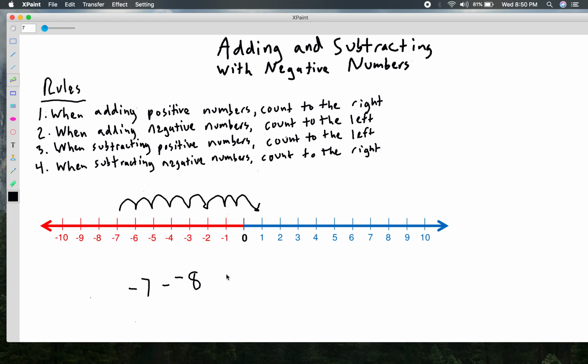It gets us to 1. Why? Because negative 7 minus negative 8 is the same as negative 7 plus 8. And when adding positive numbers, count to the right. We transformed a subtracting negative numbers, counting to the right. We get the same exact movement there.